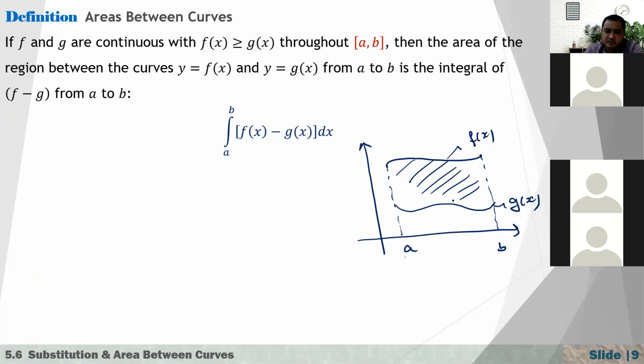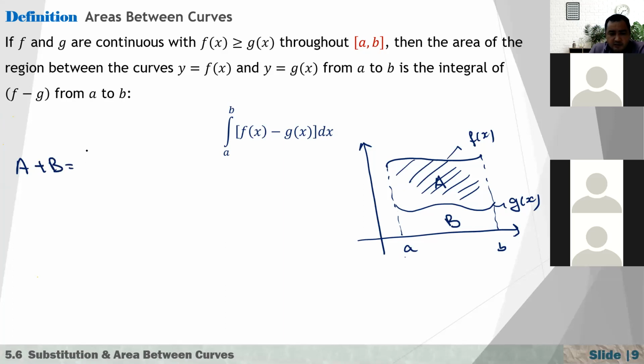Why is it so? Because we know how to calculate the area, right? Let me just write this area by A, okay? And this one is B, all right? So what is A then? I mean, not A plus B, right? What is A plus B?